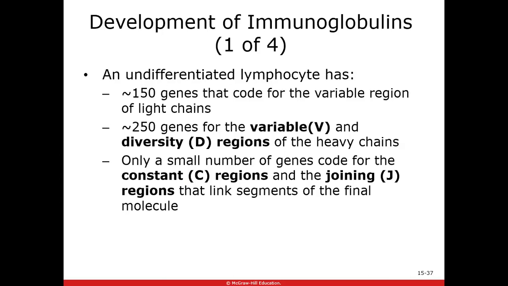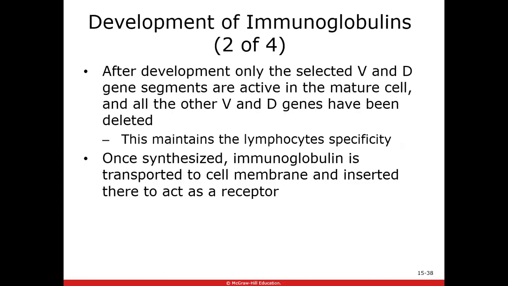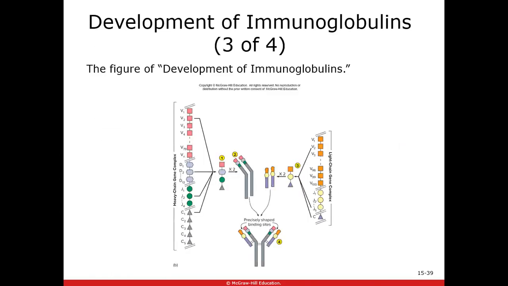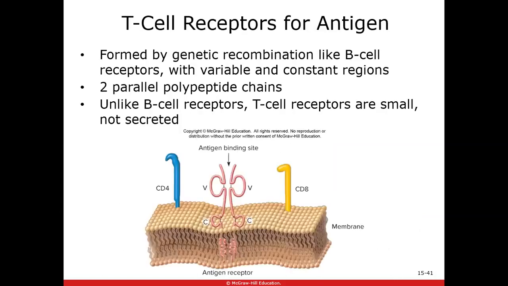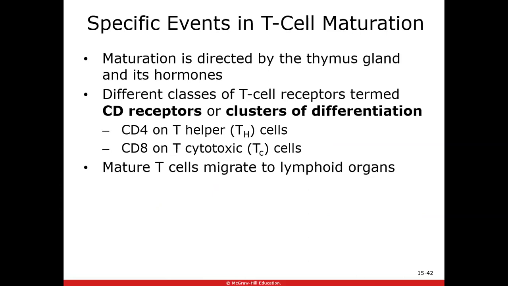But you have billions. Don't have to worry about the V and D segments. Don't have to worry about technical pictures, heavy light chain. Just know that immunoglobulins are considered antibodies. You don't have to worry about that.